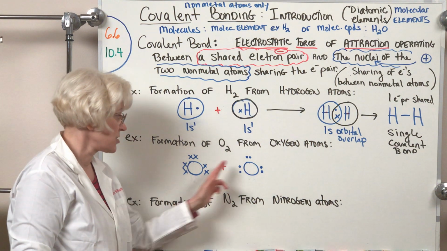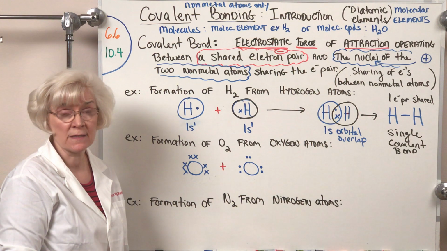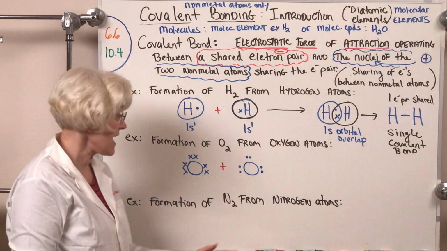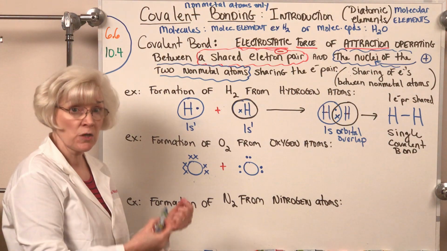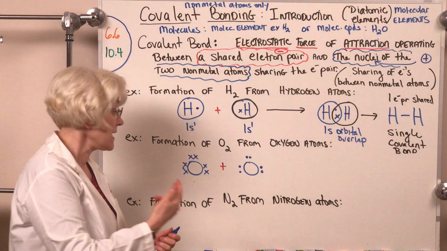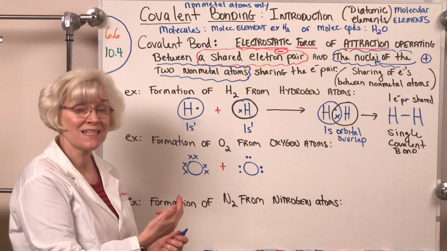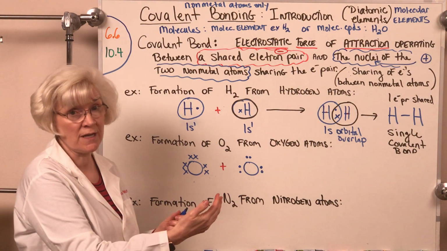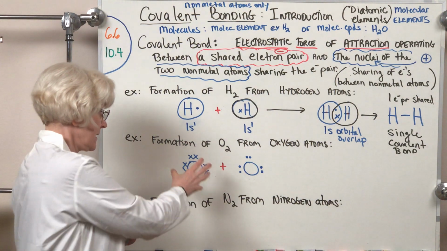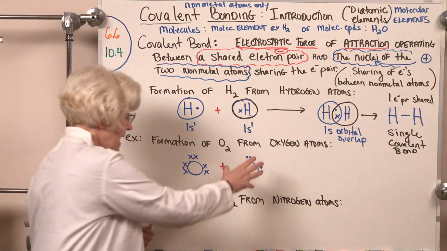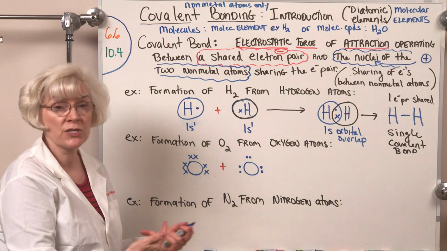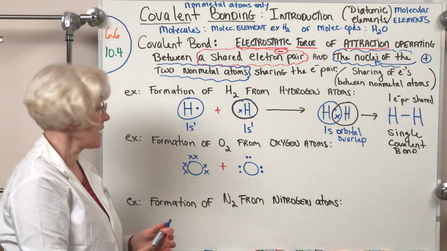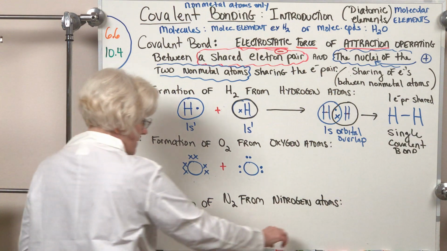Because each oxygen has 6 valence electrons, would like to have a total of 8 valence electrons, so I can see that each oxygen is going to need to share 2 electrons in order to achieve a total of 8. It has 6. Each oxygen is going to need to share a total of 2 electrons in order to have an octet.